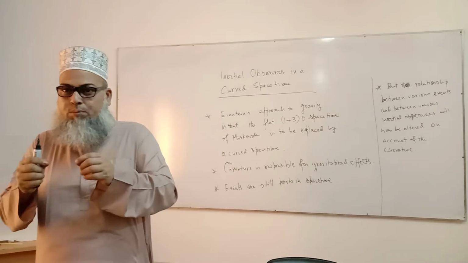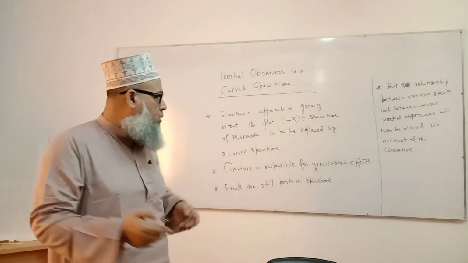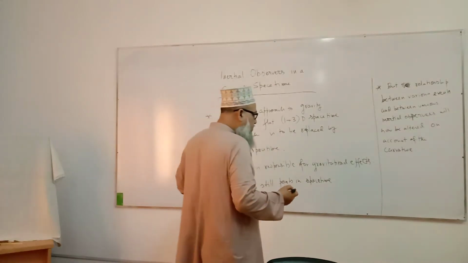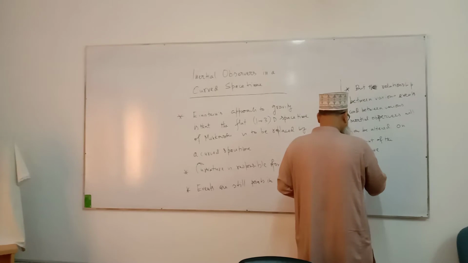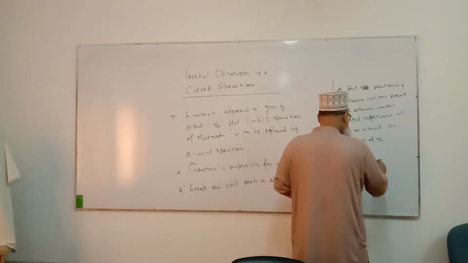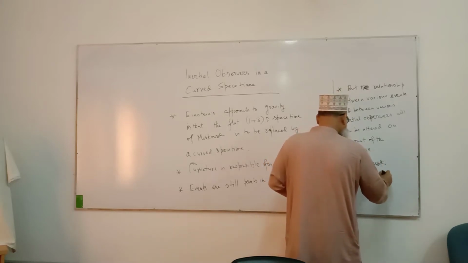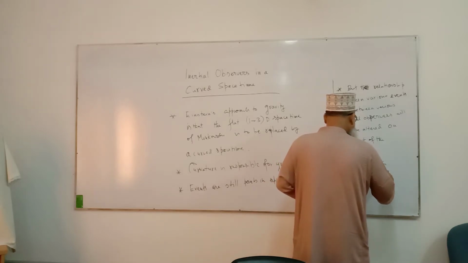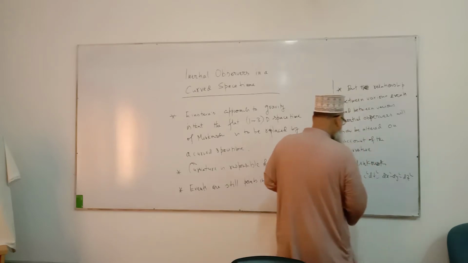So the relationship between events: in Minkowski space we can write ds square equals c square dt square minus dx square minus dy square minus dz square.